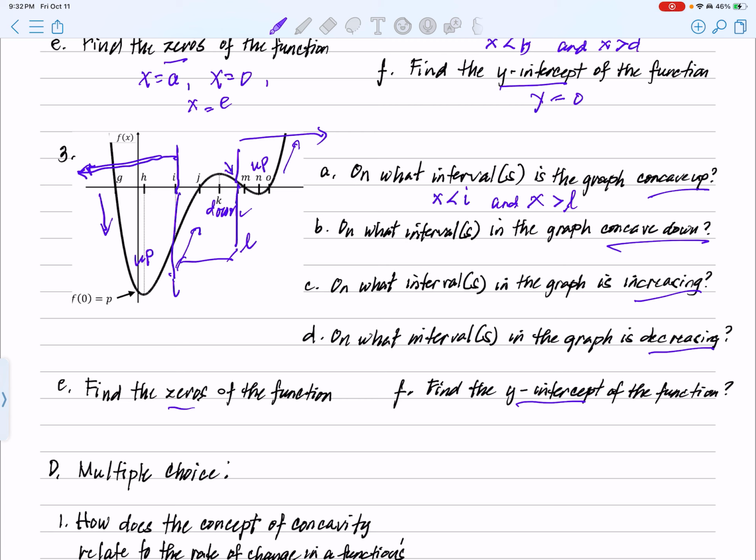Right? So it will be the interval from I to L. That is concave down. Okay.